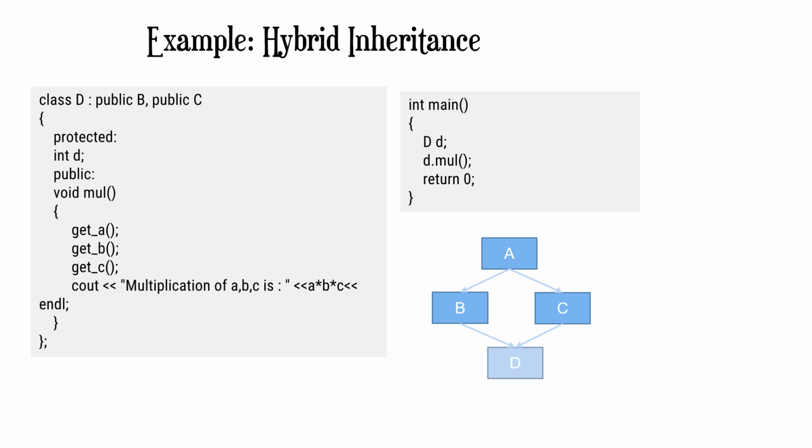The D class is derived from B and C, and B and C already have the base class A. Using this derived class object, I'm calling the function mul. Since I already called the three functions inside mul, we can execute all the functions available in the derived class. Thank you.